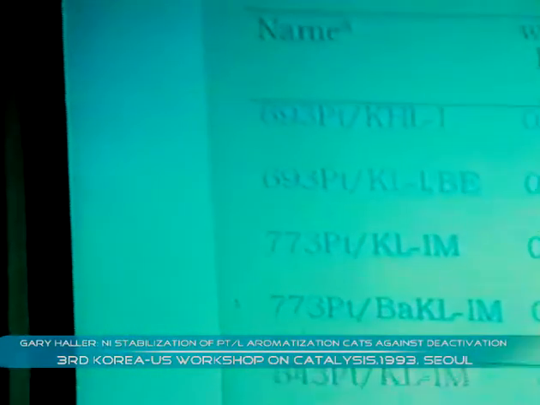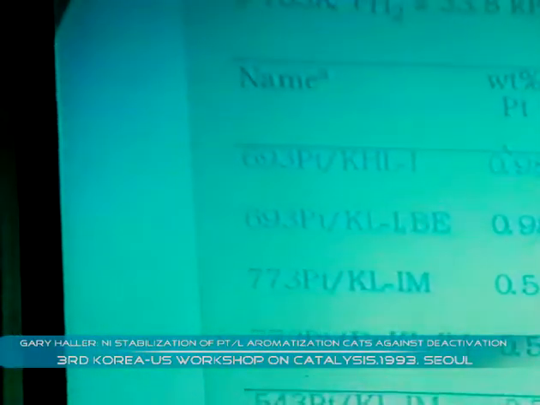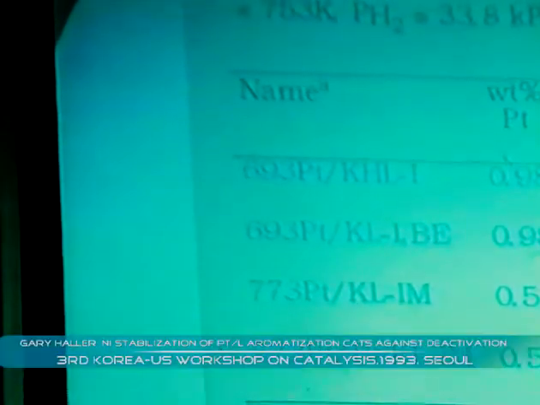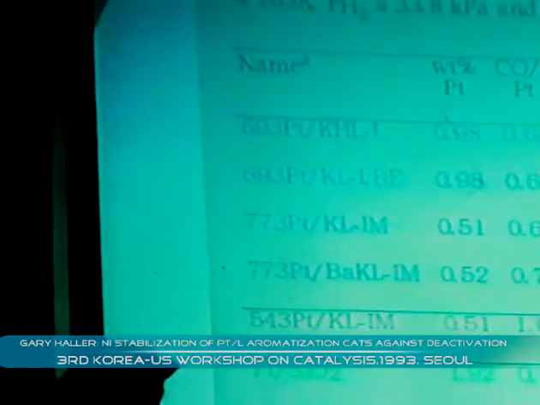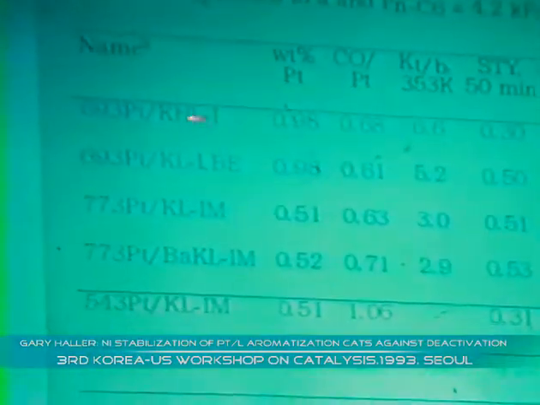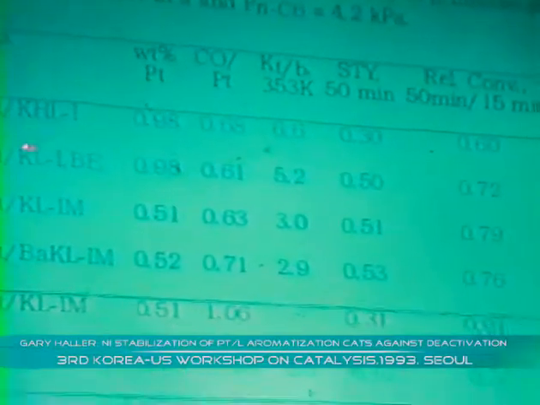Before I get to the stabilization question, let me make a couple of comments about effective acidity and the comparison of platinum on L-zeolite to platinum on another non-acidic support like silica. Up at the top here, I'm comparing catalysts that are prepared by ion exchange.